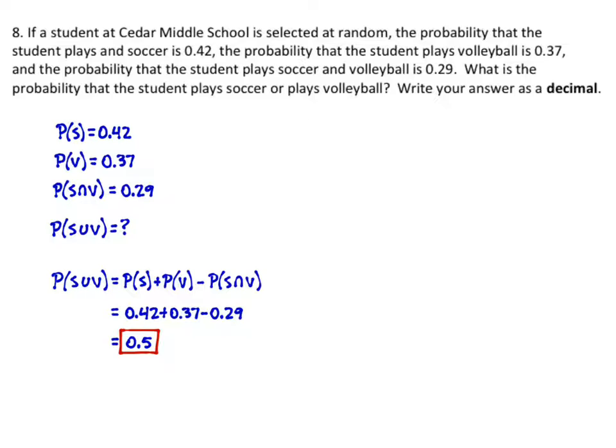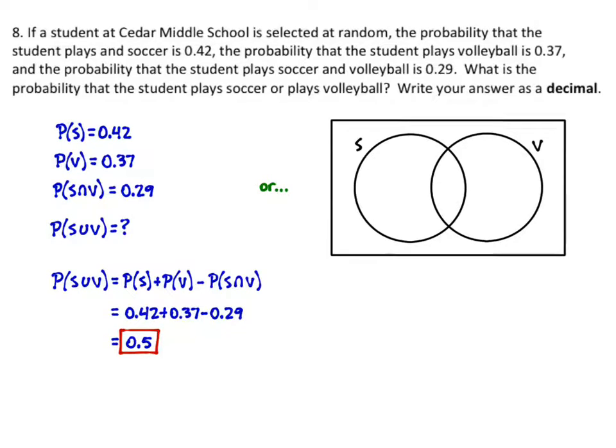If you didn't remember the addition rule, you could have drawn out a Venn diagram or a table of some sort to see how this works. So we have soccer players in one circle, we have volleyball players in another circle, and then we're going to fill in our values. So notice the probability of soccer is 0.42. Most often, the biggest mistake in this unit is misplacing the S and the V. Students will put the 0.42 in this region.